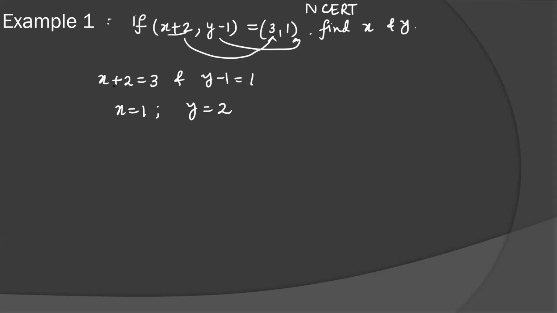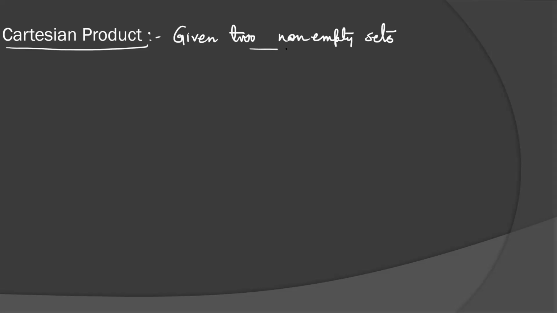Ordered pair is very important in understanding of Cartesian product. Let's see Cartesian product. It is product of sets. Given two non-empty sets, first case I am considering non-empty sets. See the language here carefully.